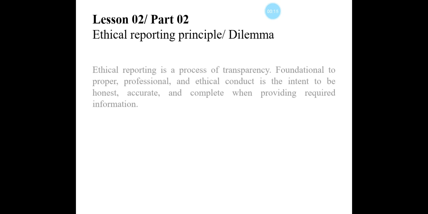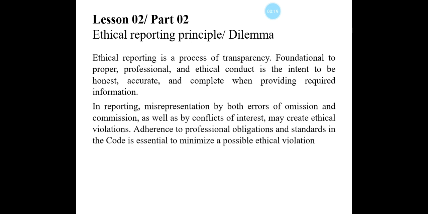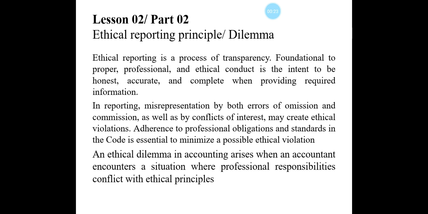Today we are going to tackle the ethical reporting principle versus the ethical dilemma. To start with, let's read this introduction. Ethical reporting is the process of transparency, professional, and ethical conduct, with the intent to be honest, accurate, and complete when providing required information.